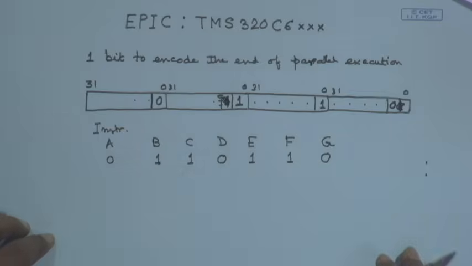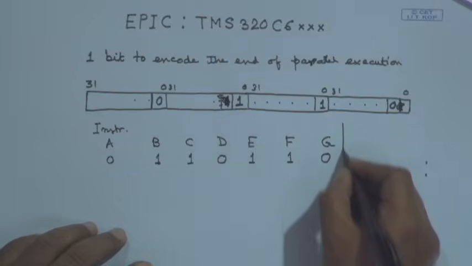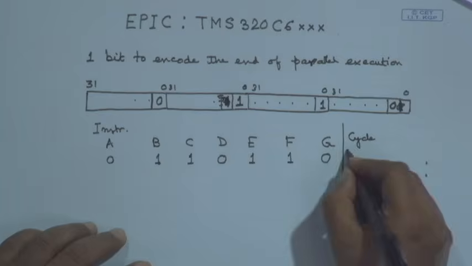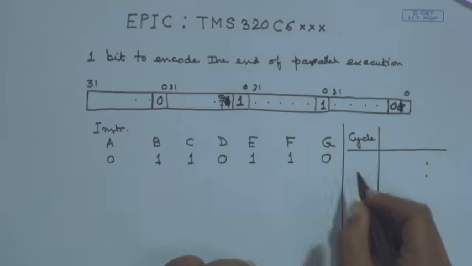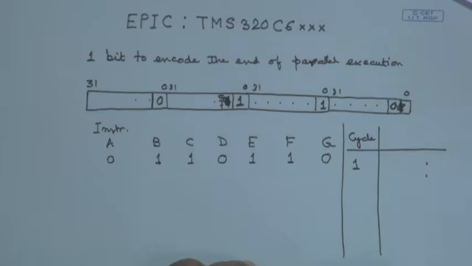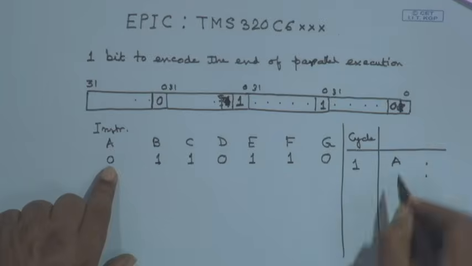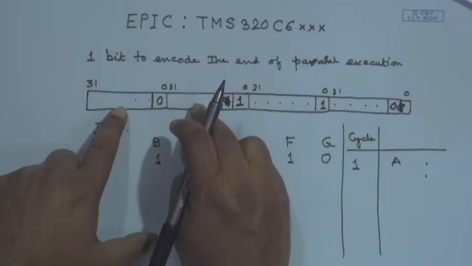All right. Then for the different cycles, if I draw the cycle versus the execution of the instructions: in cycle 1, what will be executed? A will be executed, and because A's bit is 0, it is not executed in parallel.